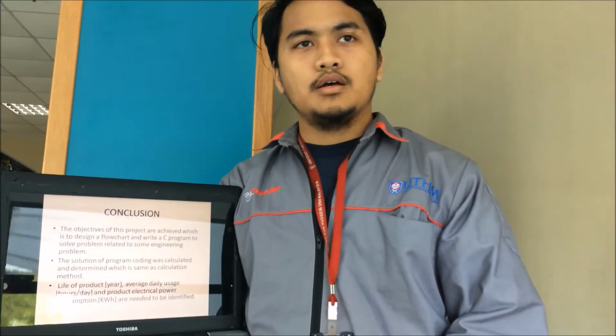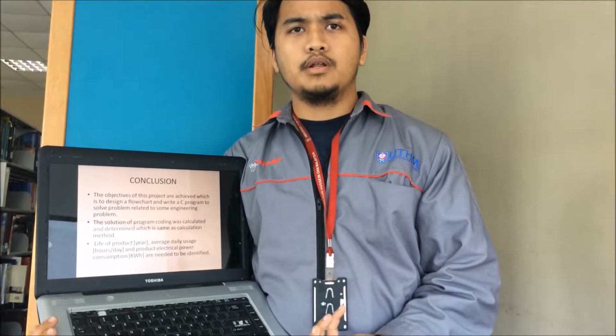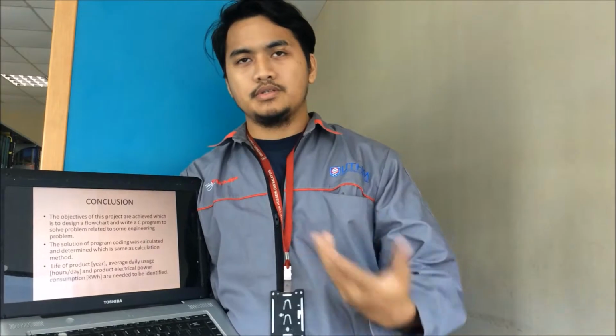Secondly, to determine the total life and the total emission for each selected electronic product, life of product in a year, average daily usage, hours per day, and product electrical power consumption, kWh, which is kilowatt, all of them need to be identified.